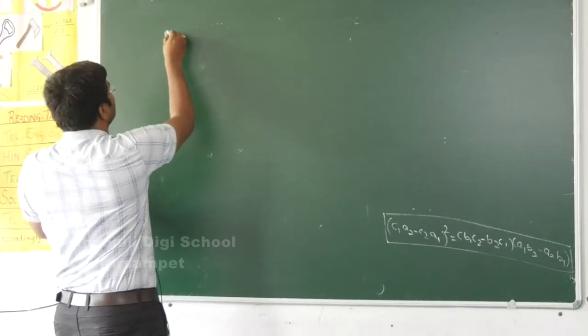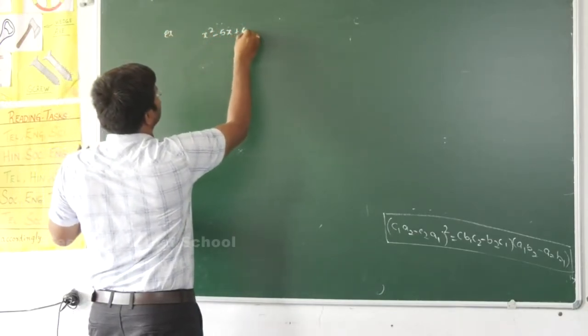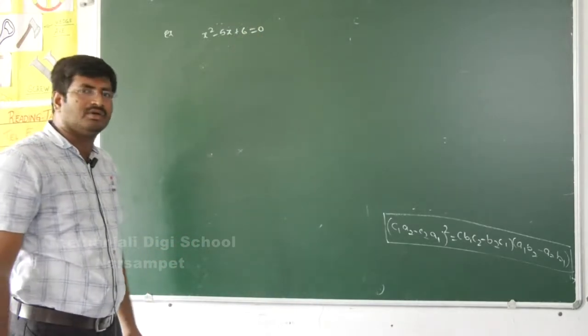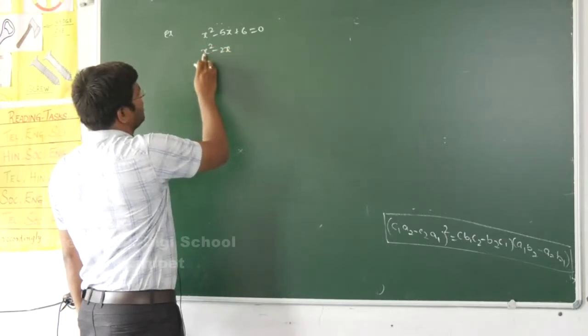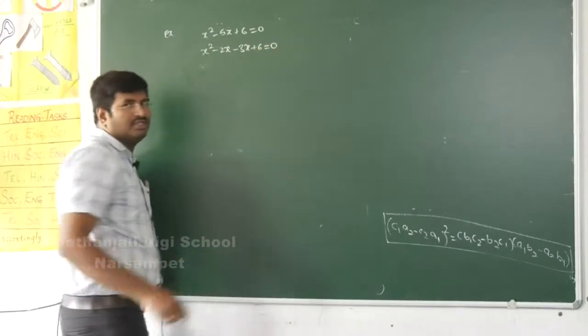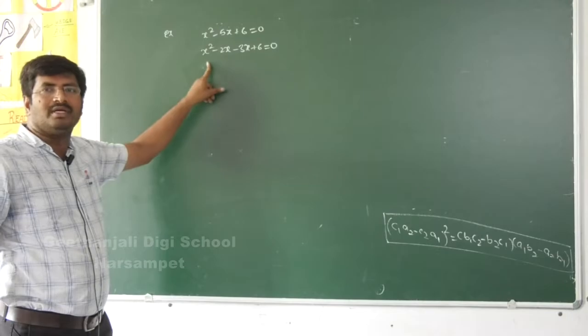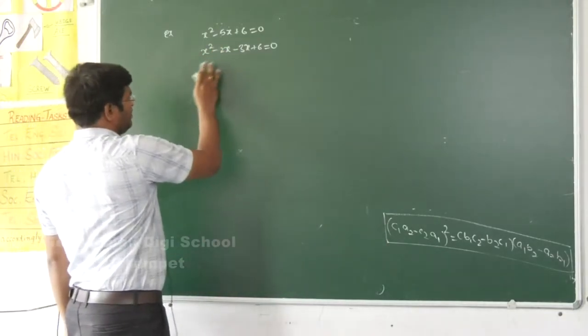For example, x square minus 5x plus 6 is equal to 0. If you find the factors, x square minus 2x minus 3x plus 6 is equal to 0. By the factorization method, I am solving for the roots of this equation, as you learned previously.